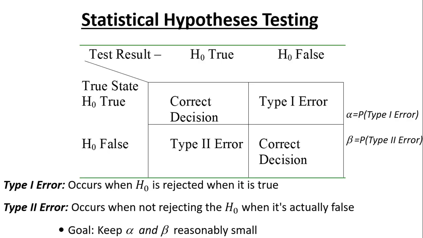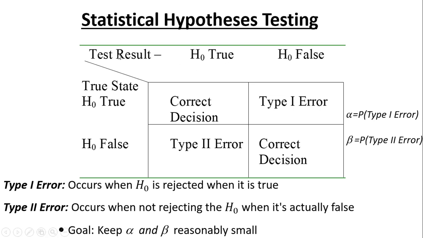While performing hypothesis testing, there are certain decisions we are bound to make, and these decisions are partitioned into four segments. When you look at the slide here, you see we have a 2 by 2 contingency table, so we have four segments.